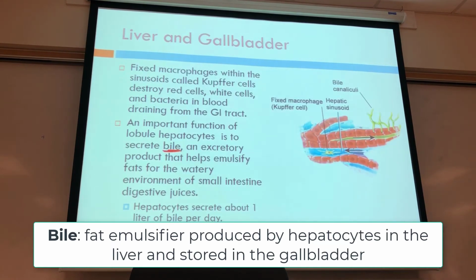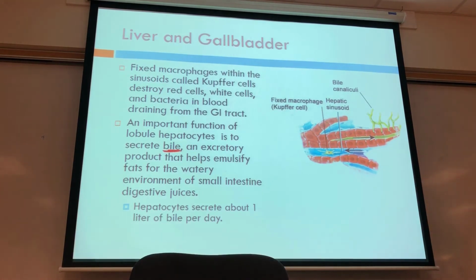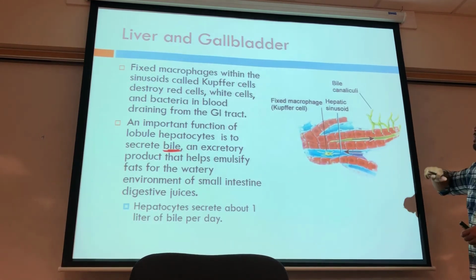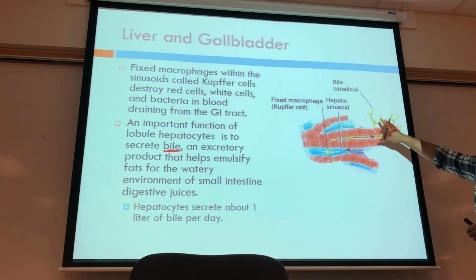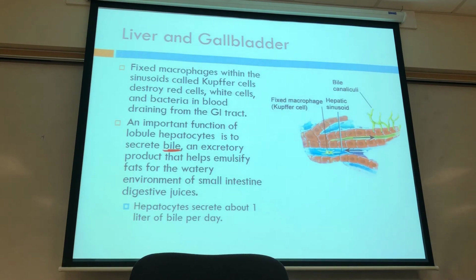The emulsification of fats is our way of basically mixing fats into water. As that bile gets dumped into the duodenum, this is our way of absorbing fats, and that's where bile is absolutely necessary. Now, how much bile do we produce? We have 1 liter of bile per day.